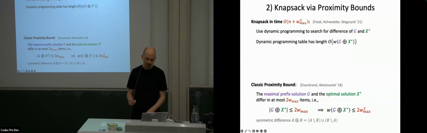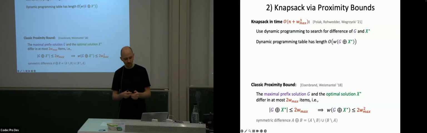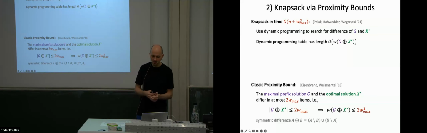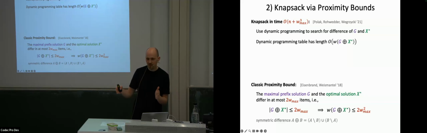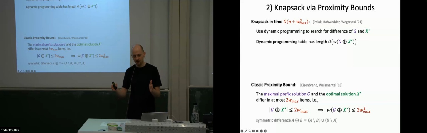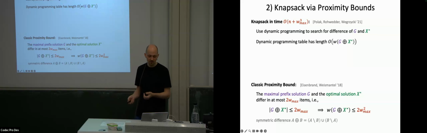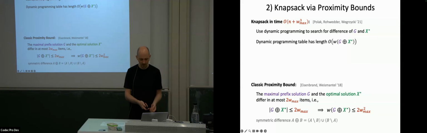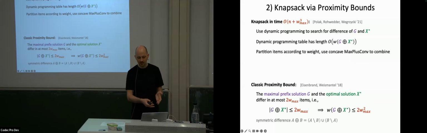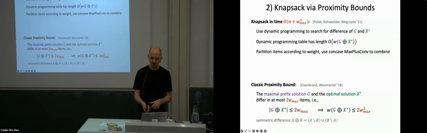And so it's a bit more general dynamic programming, but it still works to search for the difference of these two. And then the length of the DP is no longer related to the weight budget, but only to the total weight of the difference. And we have a bound on this weight due to this proximity bound, so that's good. And the rest of the algorithm follows the previous algorithm that we've seen. So we partition items according to weight, and we combine weight classes by max-plus convolution, where one side is concave.